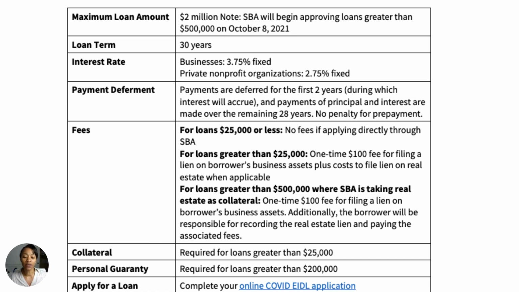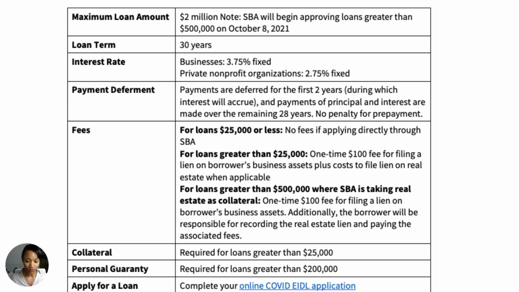For loans greater than $500,000, the SBA is taking real estate as collateral. They're leaving it up to the borrowers for the UCC filing, and that's a $100 fee that is incurred with that. It's the borrower's responsibility to pay the associated fees, and I believe that is on top of the one-time $100 fee.